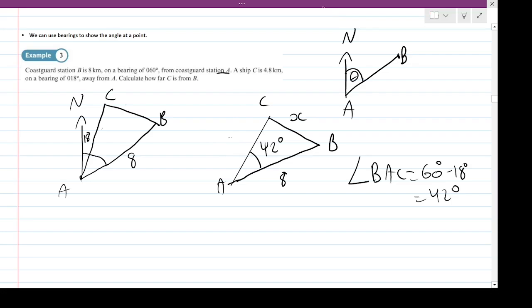At this point, it should be a fairly standard cosine rule problem. Because now we need to find the missing side x. We know an angle, and we know two sides, 4.8 and 8, so we can work out the side facing the angle, x squared.